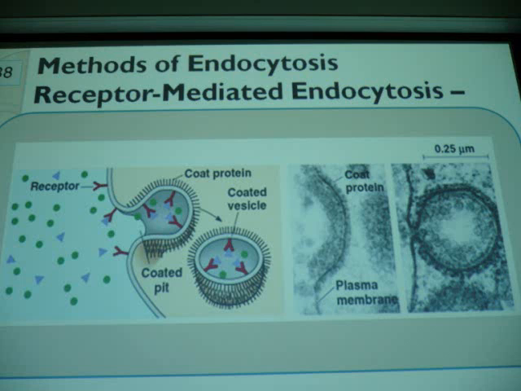But if you look carefully, you'll see them here in the real picture. Now I can't see them this pretty, but there's the coat. Right there's the cell membrane. That's right here. And the protein coat is out there. And that's a coated pit.